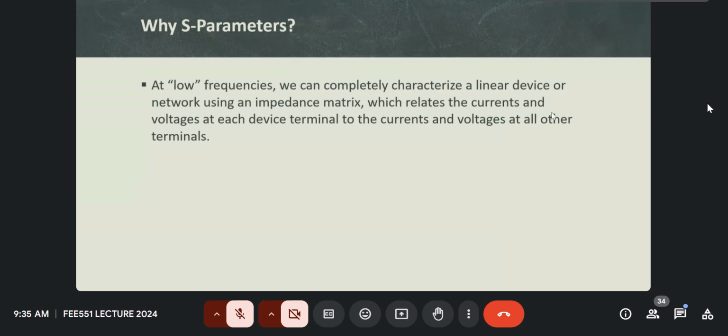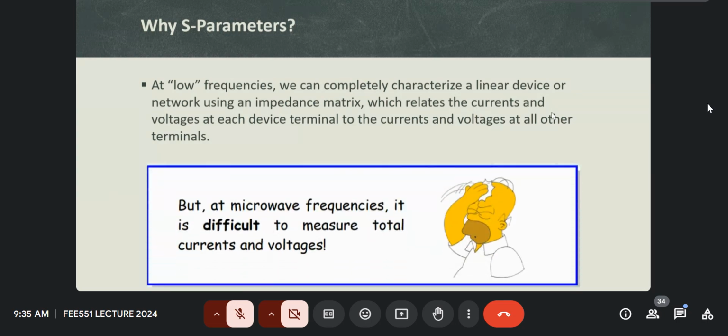Okay, let's just continue. At low frequencies, the wavelength is large, so you can consider your circuit as a complete entity. But at high frequencies, it's quite difficult to do that because now you have, for example, millimeter waves, and a resistor and inductor will start behaving not as a lumped model.